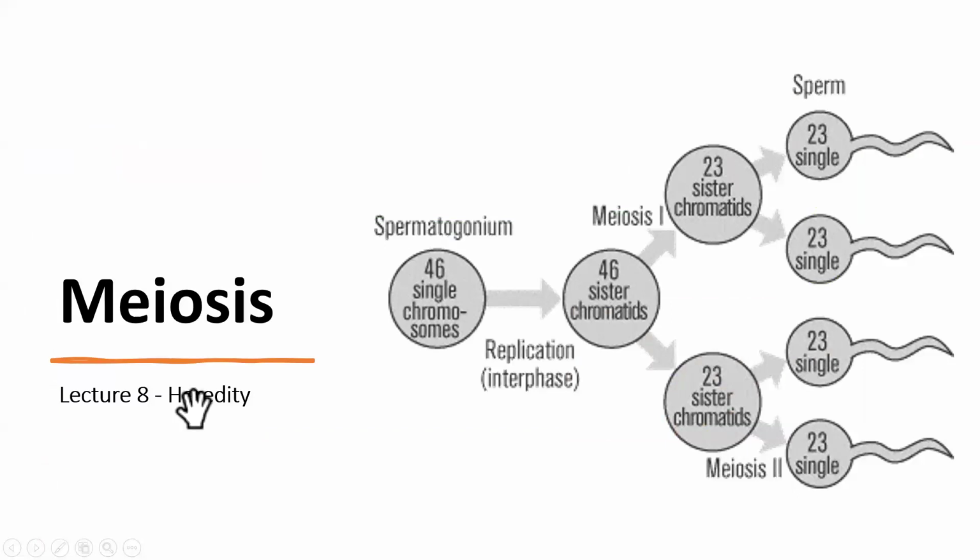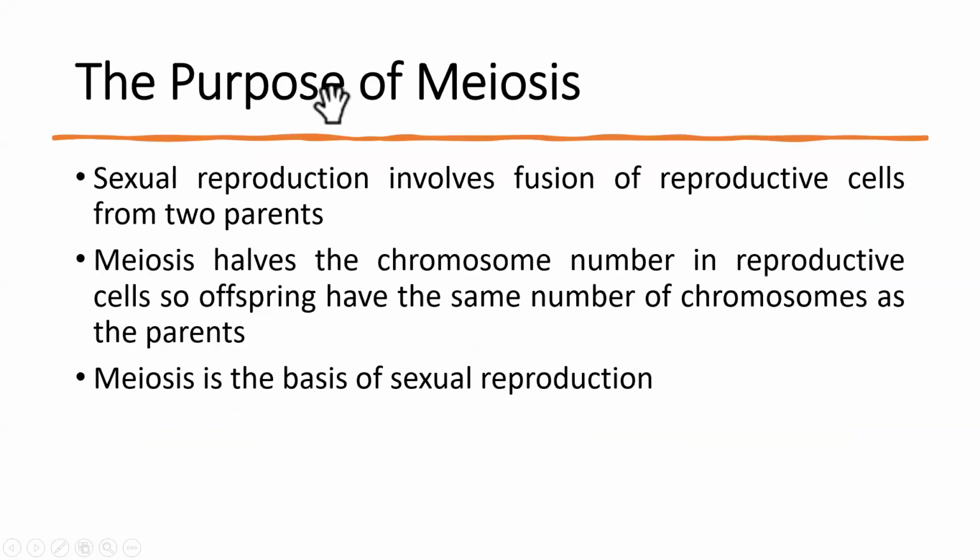So the focus of the first half of the lesson is on the concept of meiosis, which is the process by which our body produces gametes, to produce sperm and to produce eggs. The purpose of meiosis is to enable sexual reproduction.